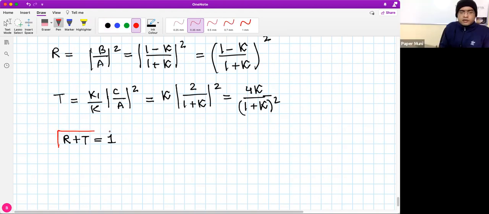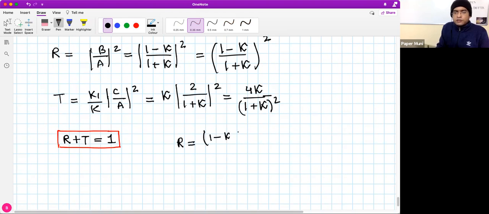This is obvious because the total probability remains constant, and if you calculate using these two, whatever result we have, we'll get 1. So I'll just write this, that 1 minus kappa square, this is 1 plus kappa.